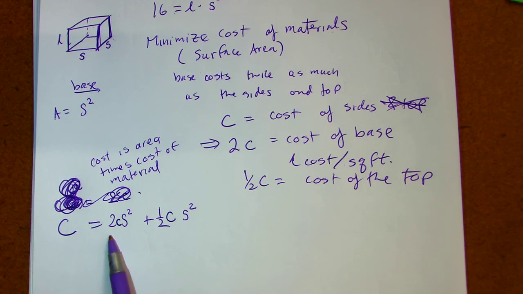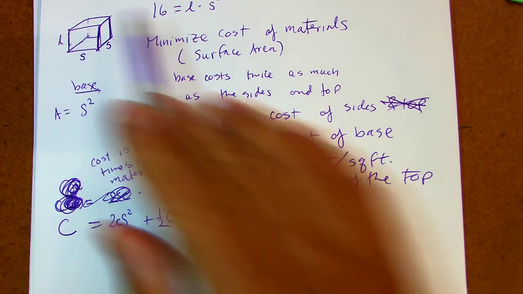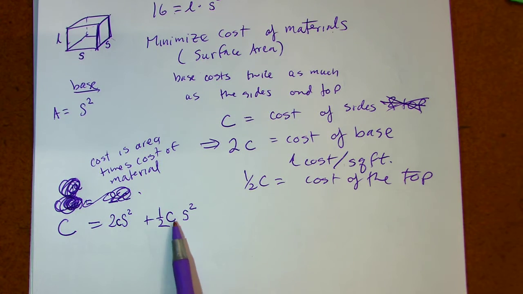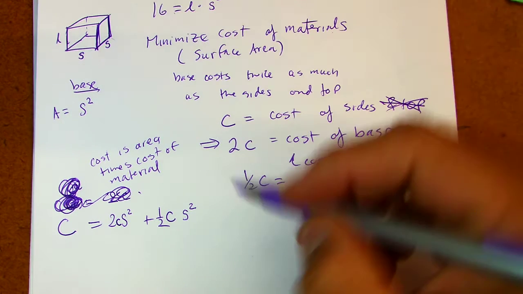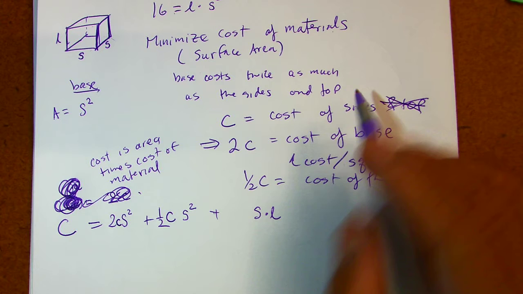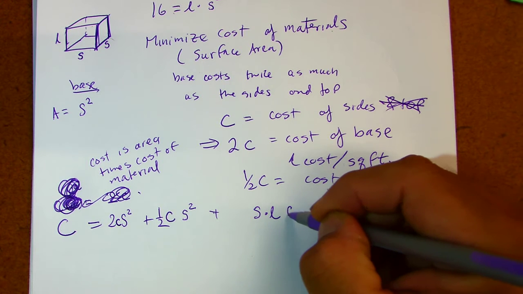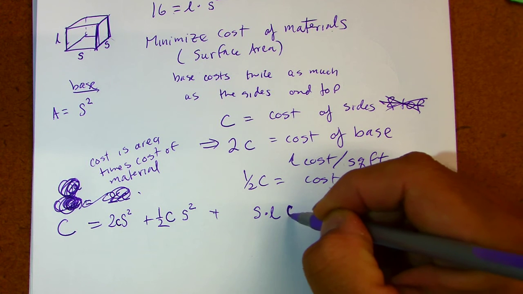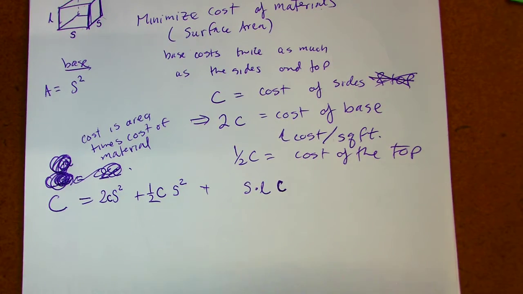So this here is the cost to make the base, the bottom, the top. The material's cheaper, and now the four sides that go around it. That area is S times L, and the cost for that is just C. All right, and there are four of those.